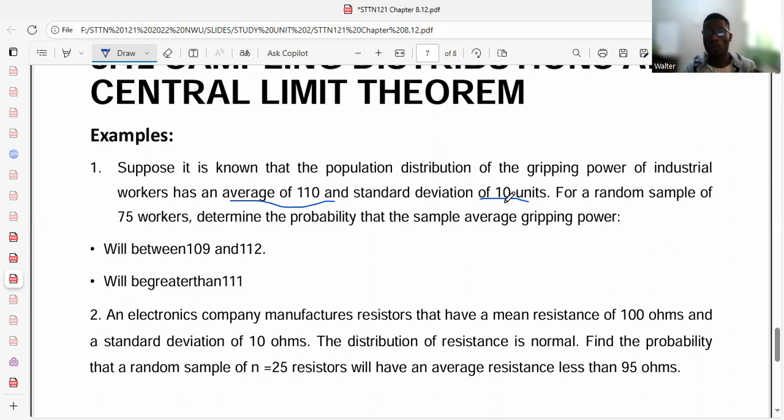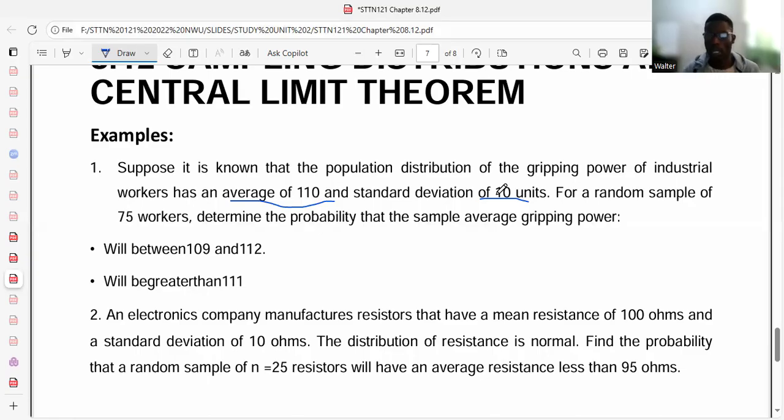And the other one for Z is equal to X bar minus the population mean, divided by the population standard deviation over square root of N for the central limit theorem. So how do you see which one to use? When you're given a statement, how do you know to use the first one without N and the second one with square root of N?